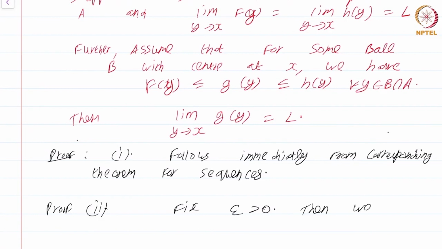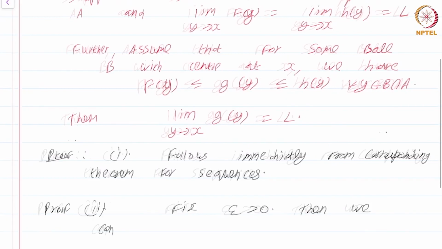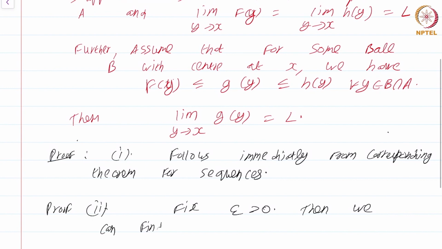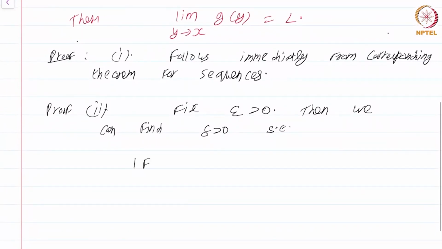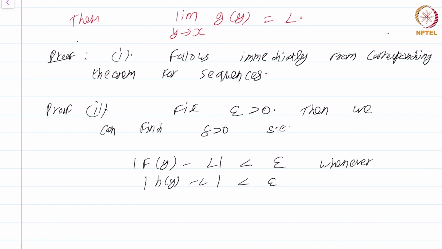Then we can find delta greater than 0 such that mod f of y minus L is less than epsilon, and simultaneously mod h of y minus L is less than epsilon whenever 0 is less than mod x minus y is less than delta.